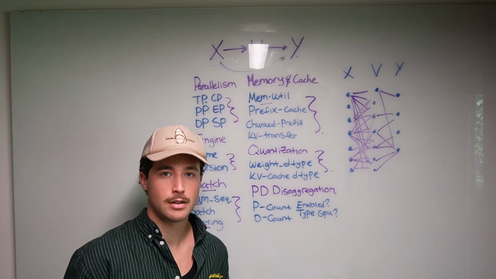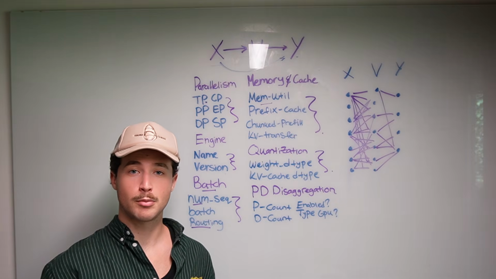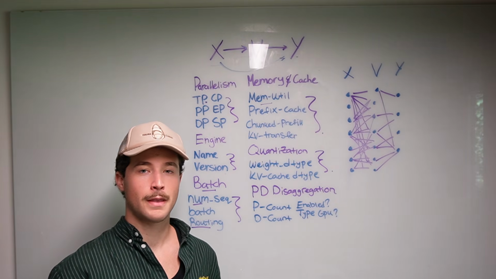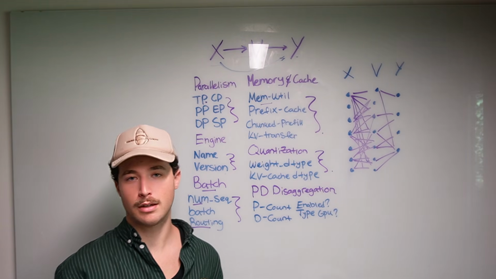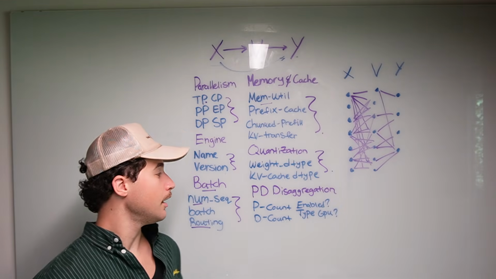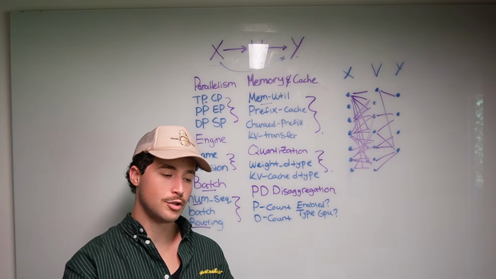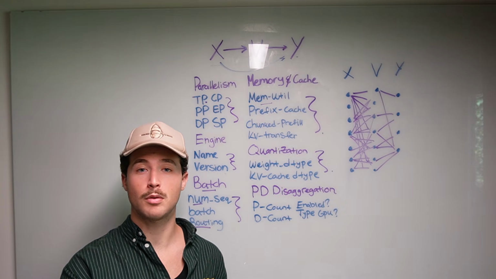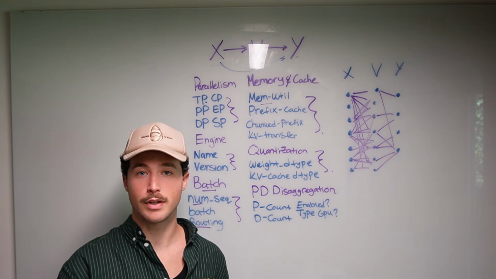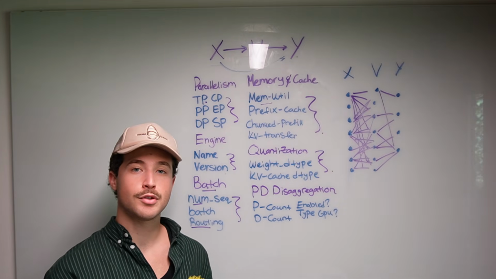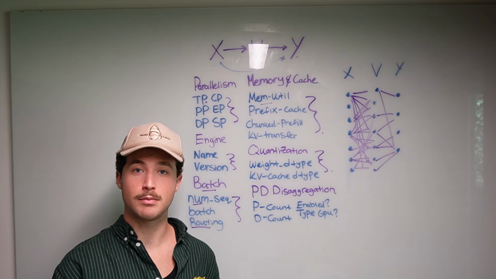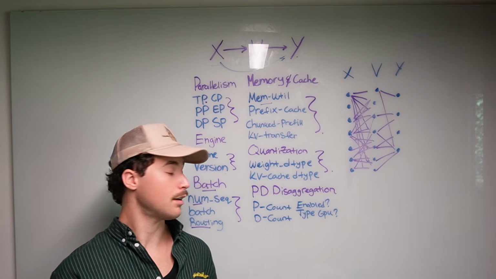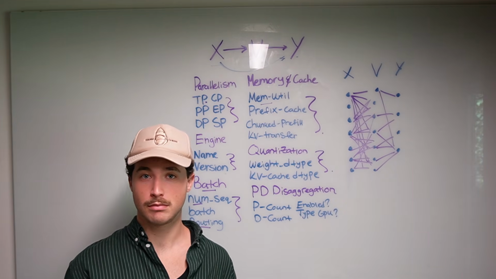There's a concept of PD, prefill-decode disaggregation, right? There are two main operations when you're dealing with inference. Prefill is you take in all the context that's provided to the model, your user request, all the context that you have in your chat, and you have to develop your KV, your key value.